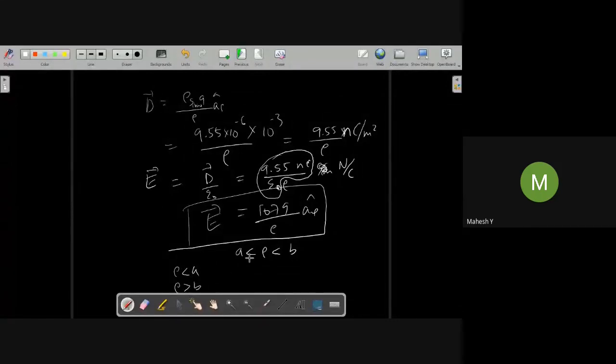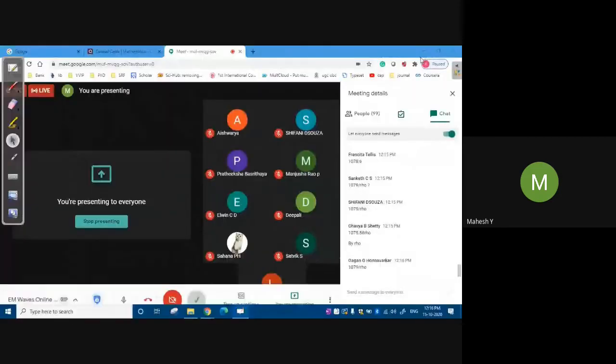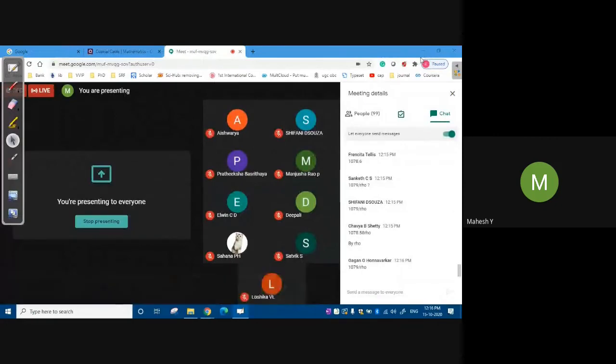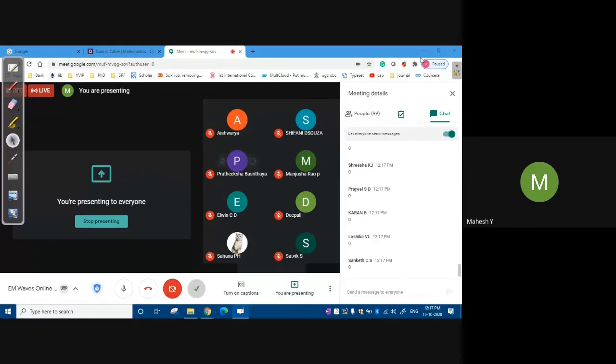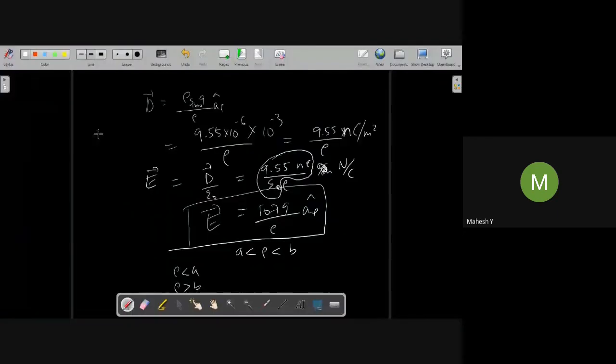What is the value? Yes, 0. So you have to mention that also. Electric field intensity outside and inside the inner cylinder and outer cylinder respectively are 0. Yes, very good. Here in both cases, E and D both are 0.